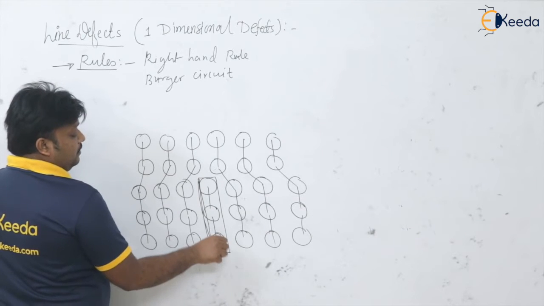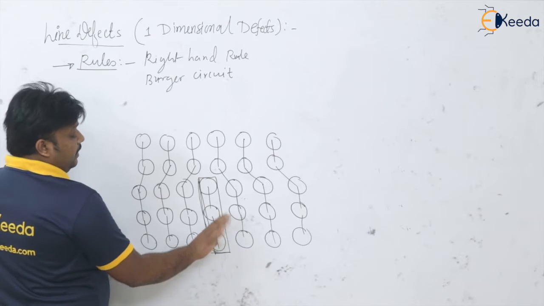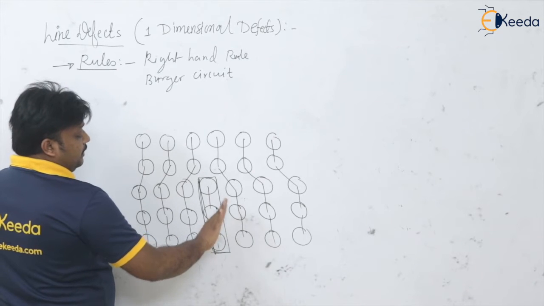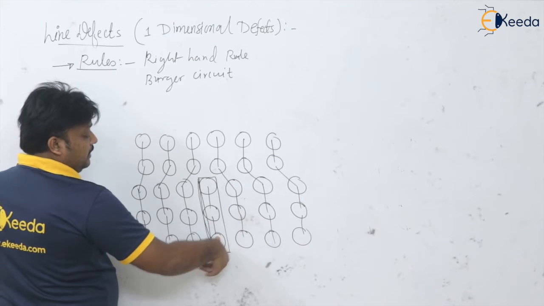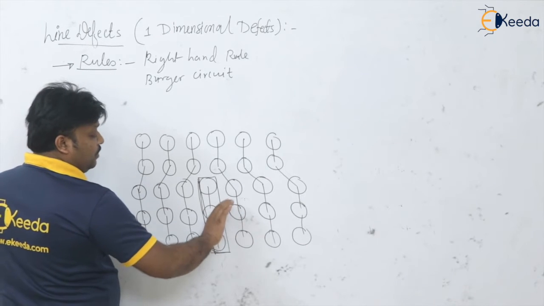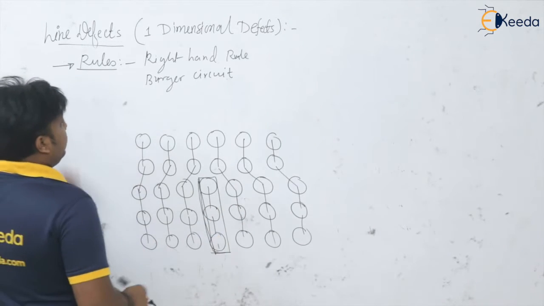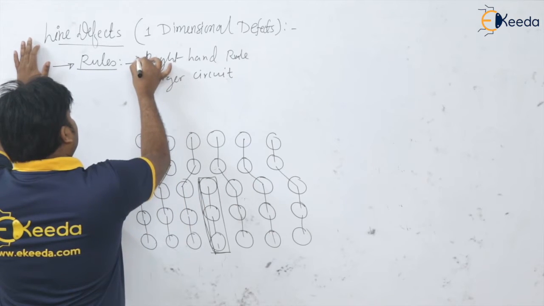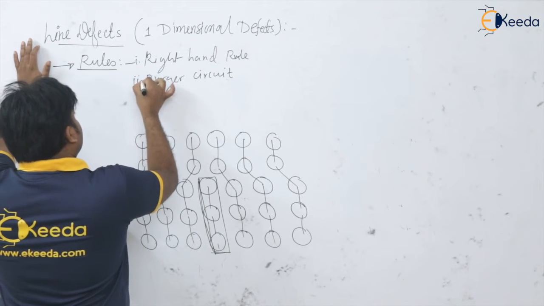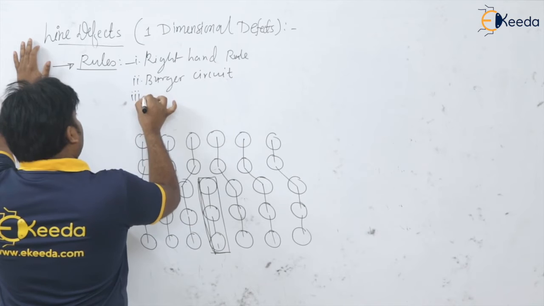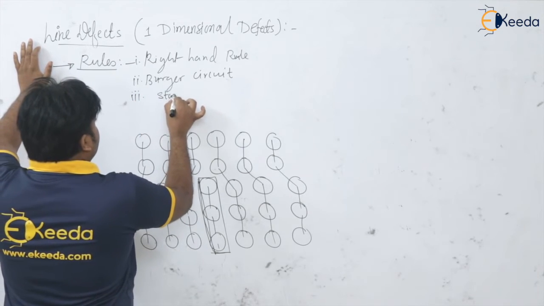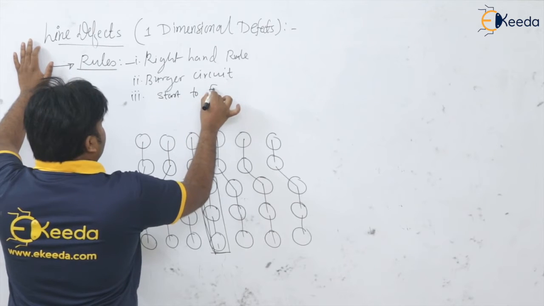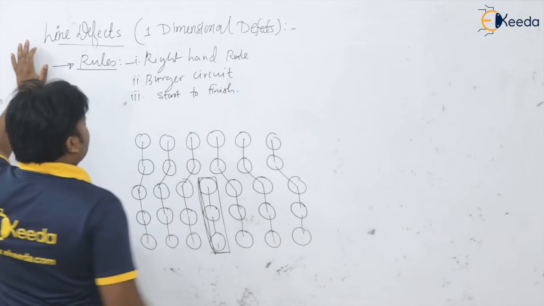I'm putting the thumb of my right hand here, and I'm going to rotate it. So in this direction the Burgers circuit is going to form. This Burgers loop is going to form. And after that, I'm going to have this Burgers vector from the start of the circuit to the finish of the circuit.